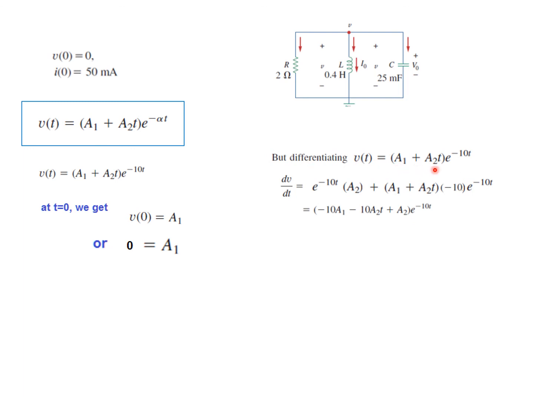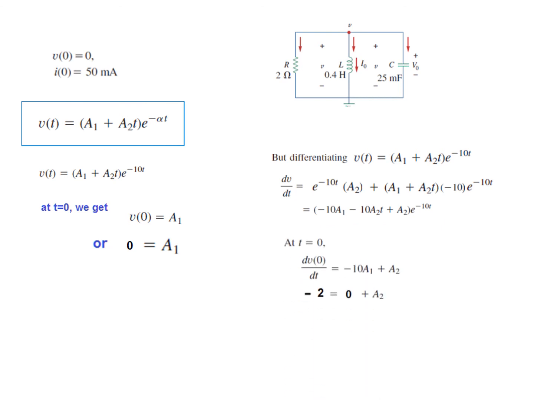By differentiating, again here you can see the two terms. We take this term and differentiate the other term, and in the second we keep the first term and differentiate the second term. So this is the equation that we get.